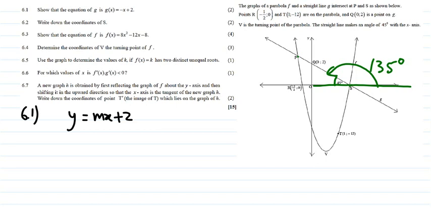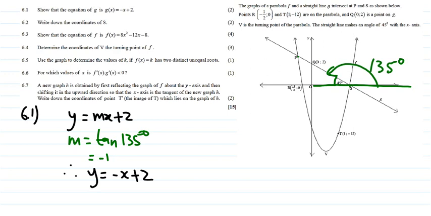Now we know that m is tan theta. This is one of the formulas that are given in the information sheet. And what are you going to get there? Negative 1. So it comes out clear now that the equation is indeed minus x plus 2.